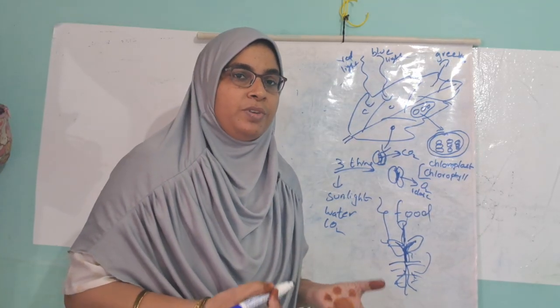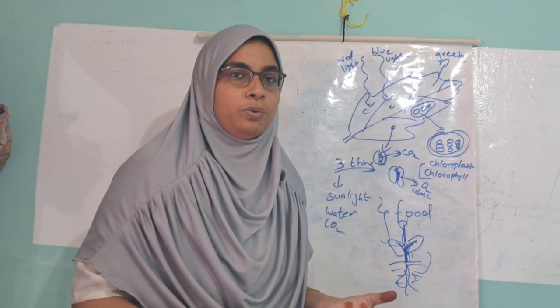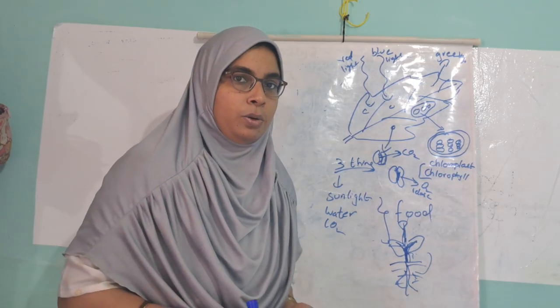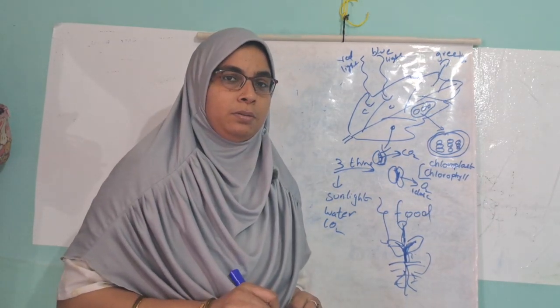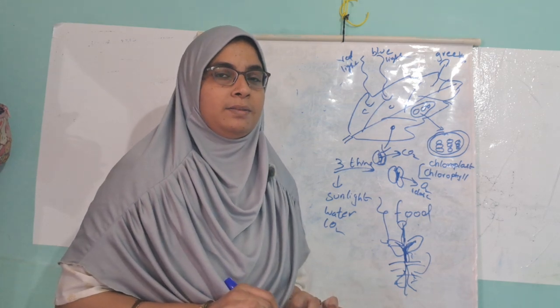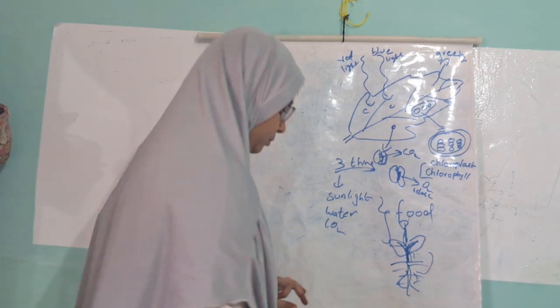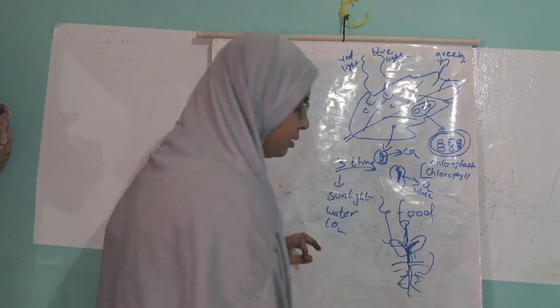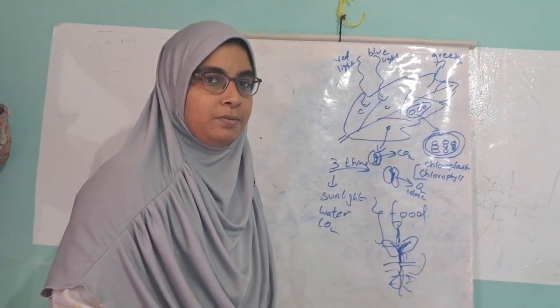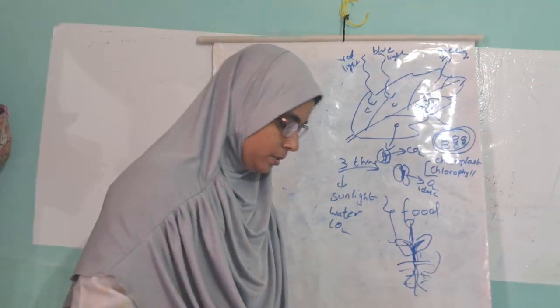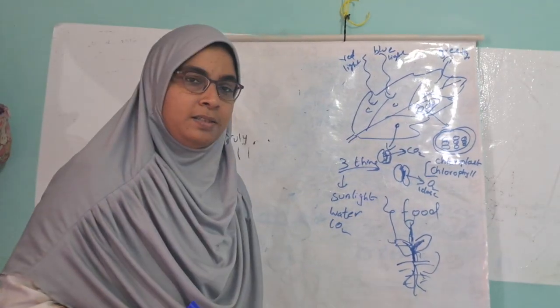We have studied that plants prepare their own food. Who depends on plants for food? We humans and animals depend on plants for food. Okay, here is a simple chain.